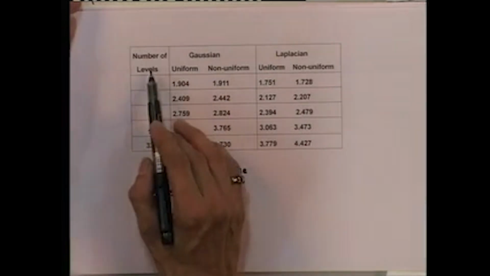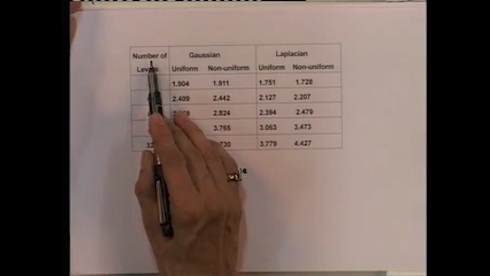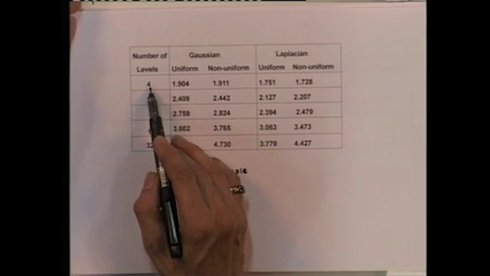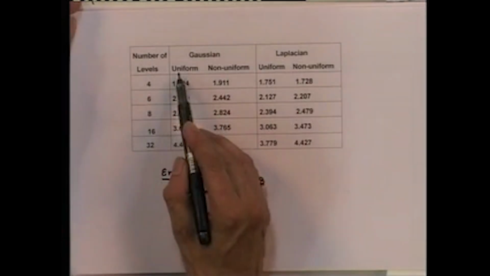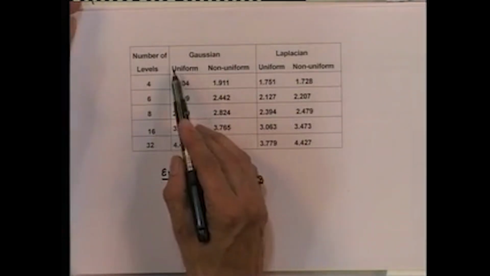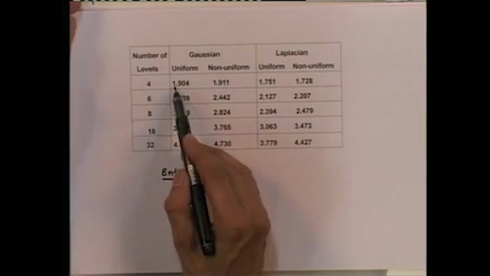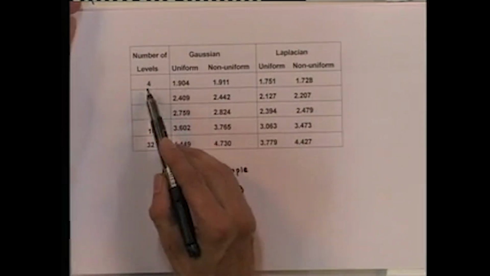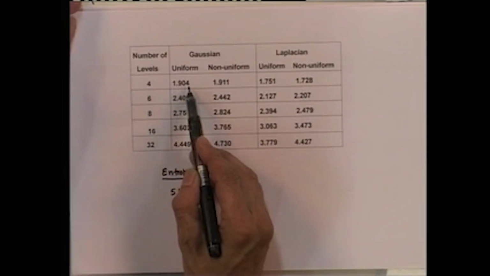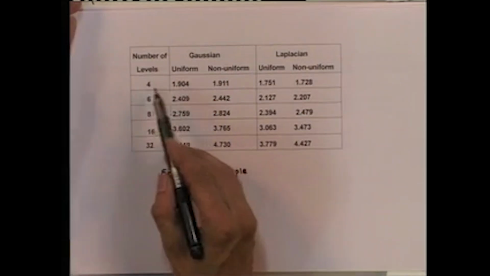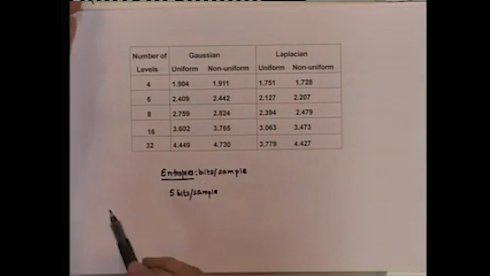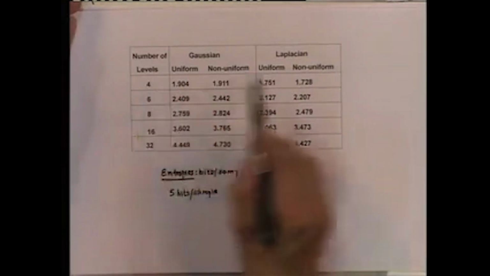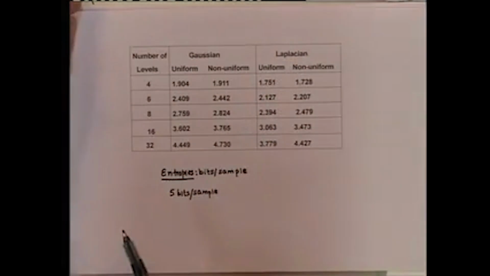So, for example, if we take number of levels to be 2, the fixed rate quantizer will require 2 bits per sample, whereas uniform quantizer would require 1.904. So, difference between 2 and 1.904 is more than the difference between 2 and 1.911. This is the case even for the Laplacian PDF.